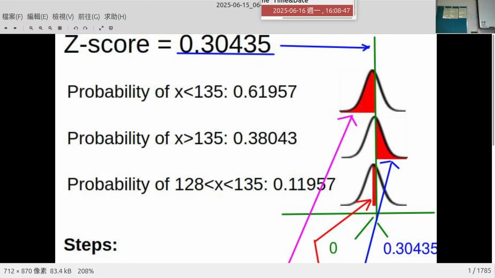Under this kind of situation, greater than or equal to doesn't matter, because the value 135 is not countable, and when we solve this kind of question we don't consider that condition.